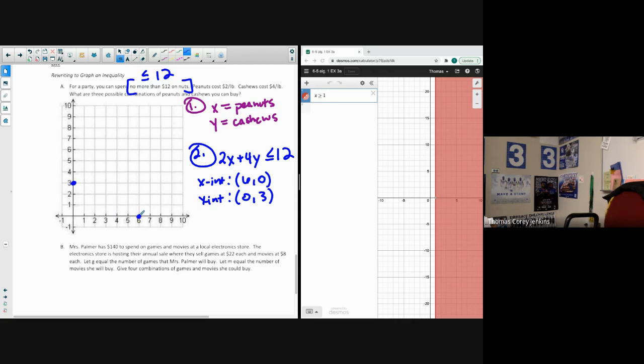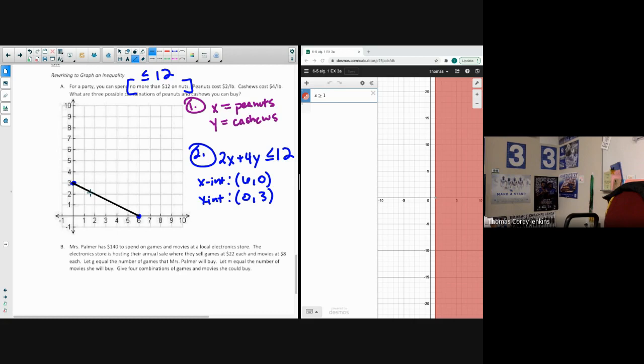And there you have it, right? Well, that's supposed to be solid, so let me try that again. I forgot I had the dashed one already selected. I go over top of that bad boy with the solid. Okay.